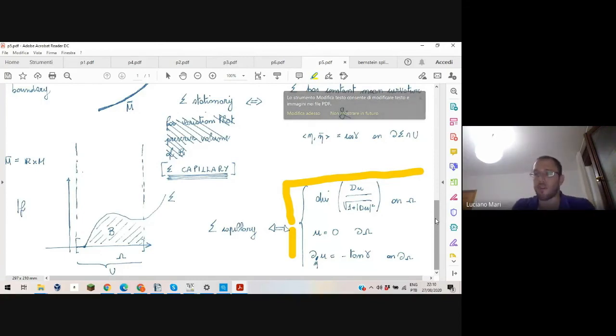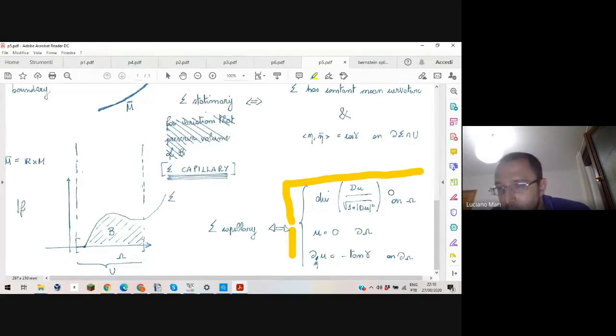This is an overdetermined problem. This divergence is equal to some h. There is an h here. Okay.